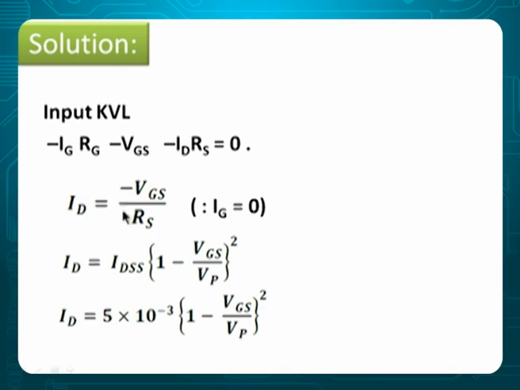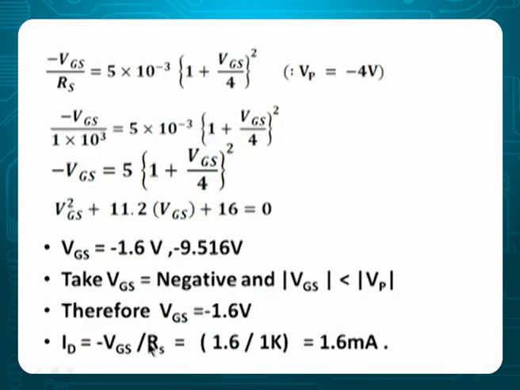If you substitute in the place of ID, 5 into 1 minus VGS by VP whole square, wherever there is ID, you can substitute. So I substitute minus VGS by RS as ID here. As VP is minus 4, minus of minus becomes plus 4. If I solve the quadratic equation, I will get VGS as minus 1.6 and minus 9.516.